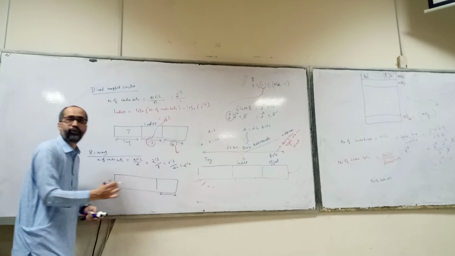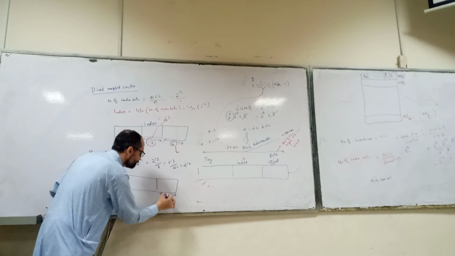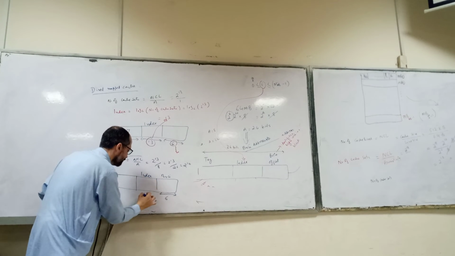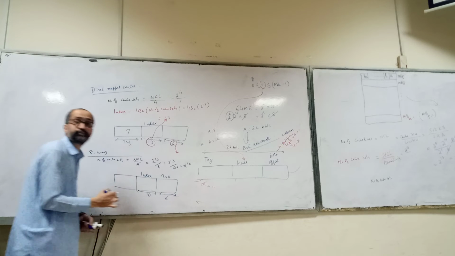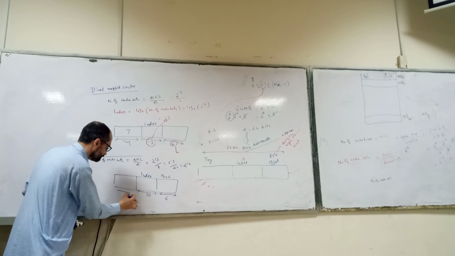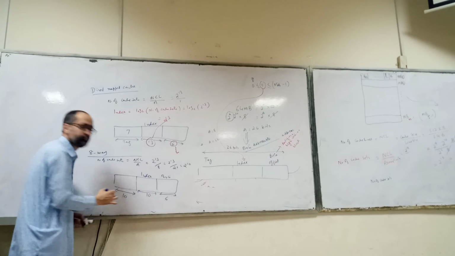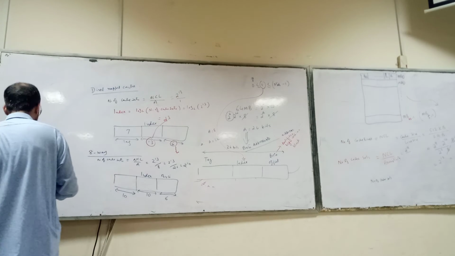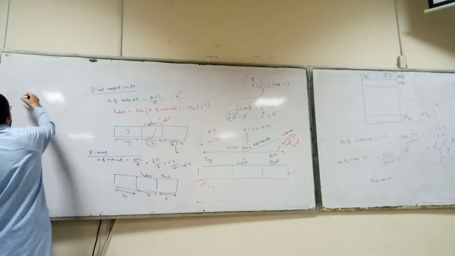How many bits are required for the byte offset? 6. For the index field? 10. And the remaining is 10 bits for the tag.